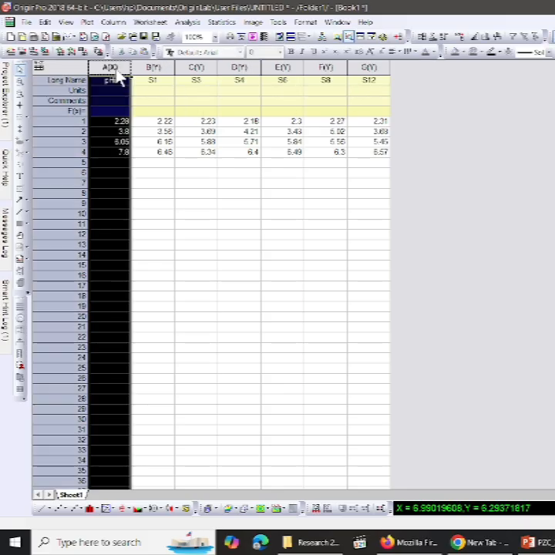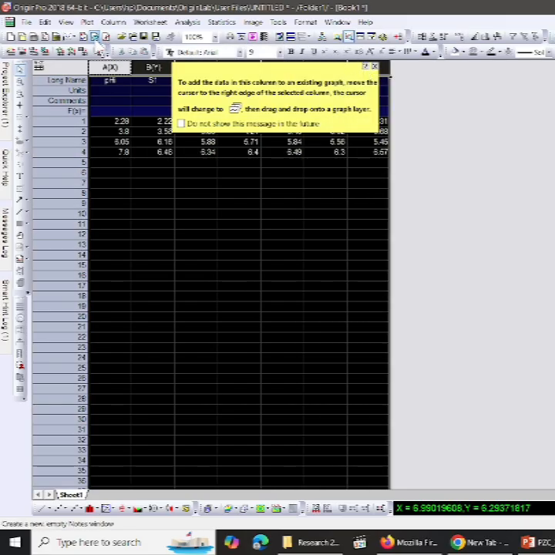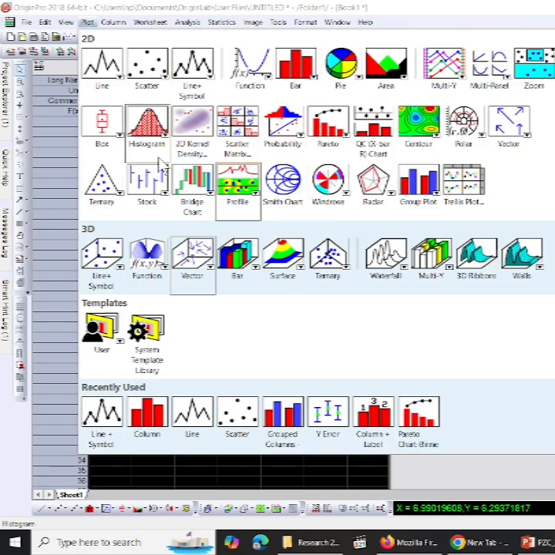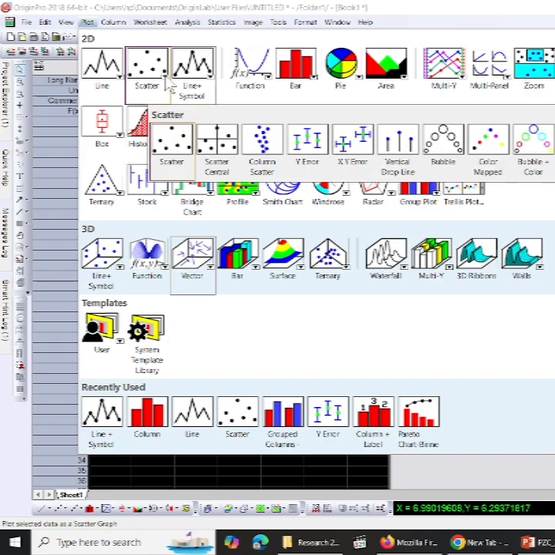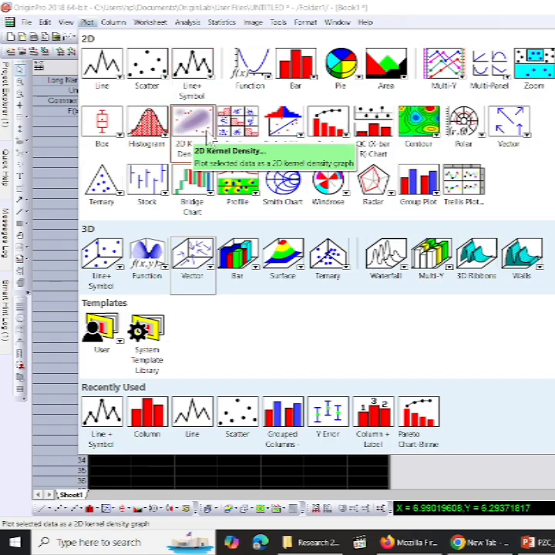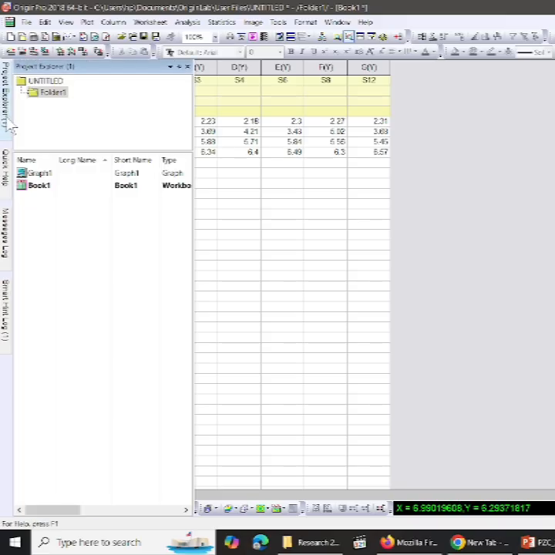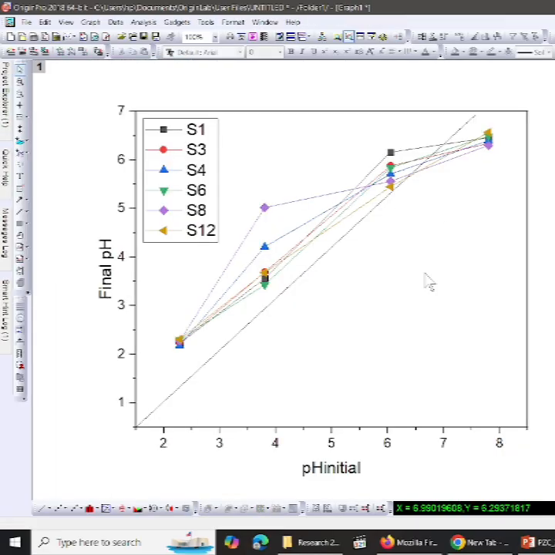We will simply take the plot and take the line, and then choose line plus symbol. After choosing this, you will get this kind of graph. You need to make some adjustments here. After this, you have to draw a line. I have already drawn a line.